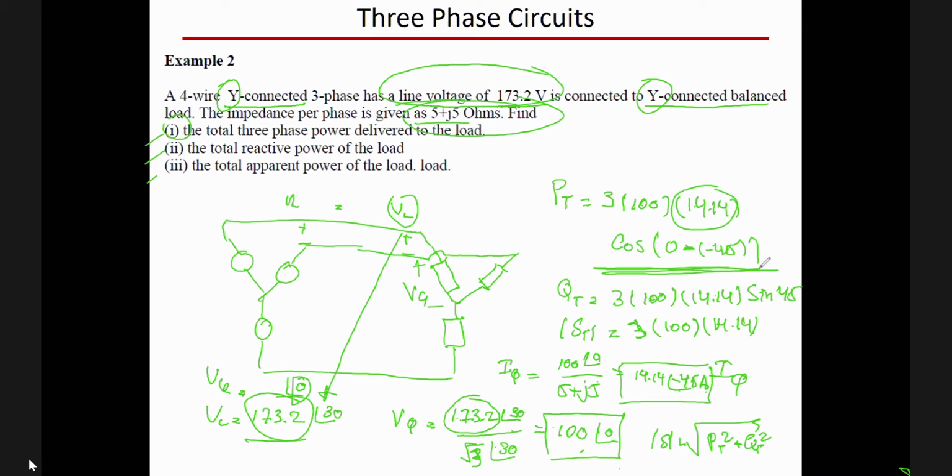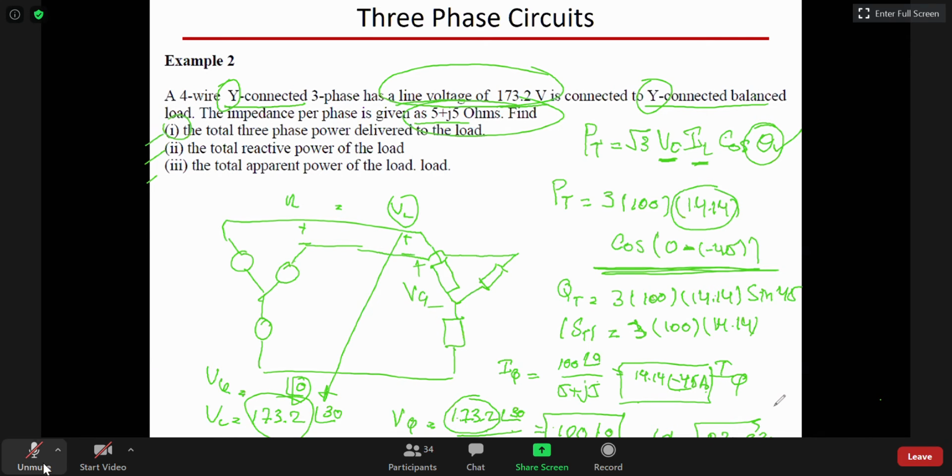The common mistake is that students, when they use this equation, square root of 3, V line, I line, cosine, usually find this angle as the angle between the line voltage and the line current, which is not correct. This angle is the angle between phase voltage and phase current, not the line voltage and the line current. You get my point?